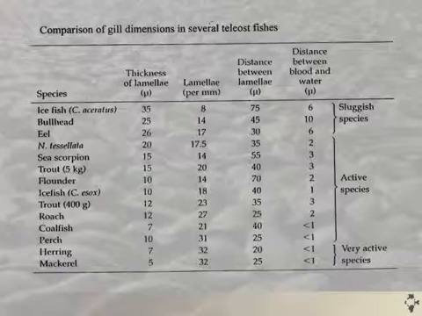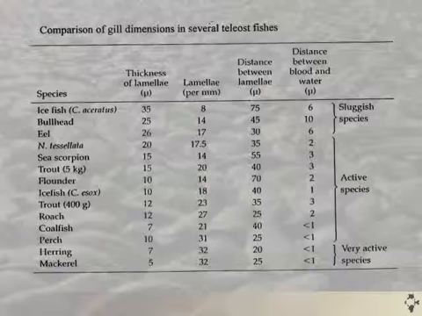But again, keep in mind, all things are relative. We're talking about 75 micrometers in this case for the maximum distance between the lamellae, as opposed to 25 micrometers. For all of these species, we're still talking about very, very small distances between the lamellae. They're really packing in a lot of surface area into each of those gill structures.